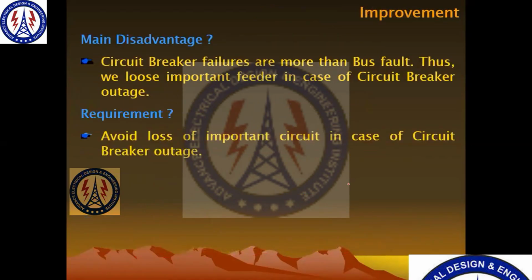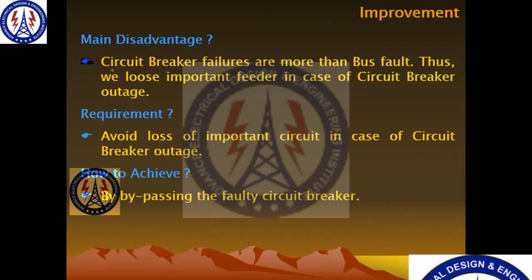Then what improvement can we do? So disadvantage, circuit breaker failures are more than bus faults. Okay, so generally as per study, circuit breaker failure on the feeder is more than the bus fault.